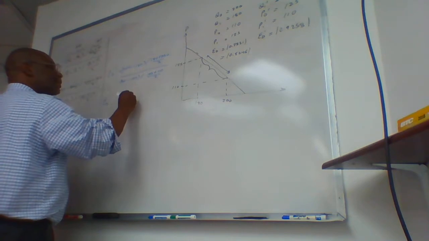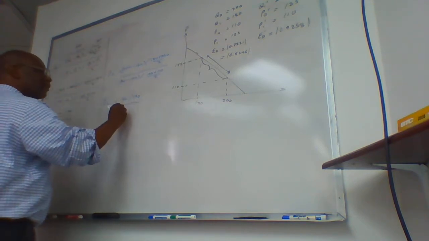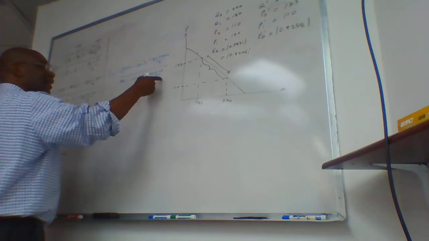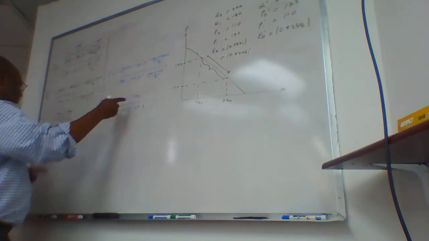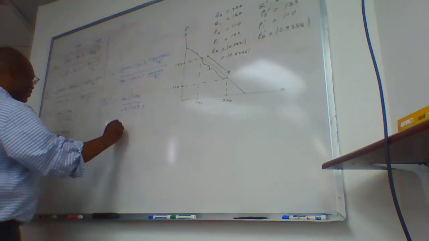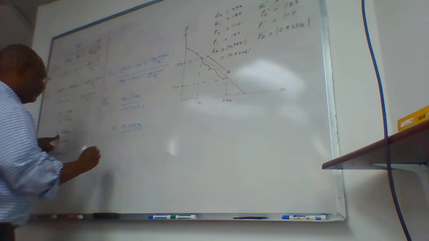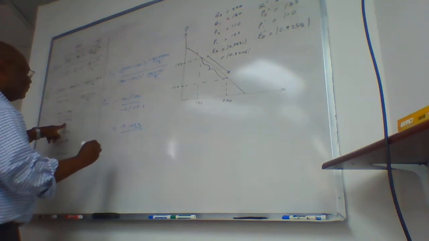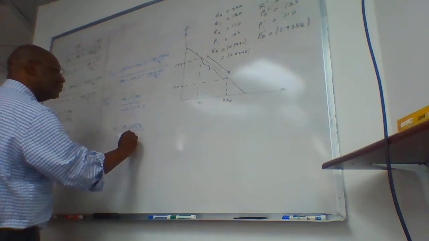This is 190, over, this is minus 15 divided by 117.5. 20 divided by 190, we said, is 0.1053. And 15 divided by 117.5, we said, is 0.1277.